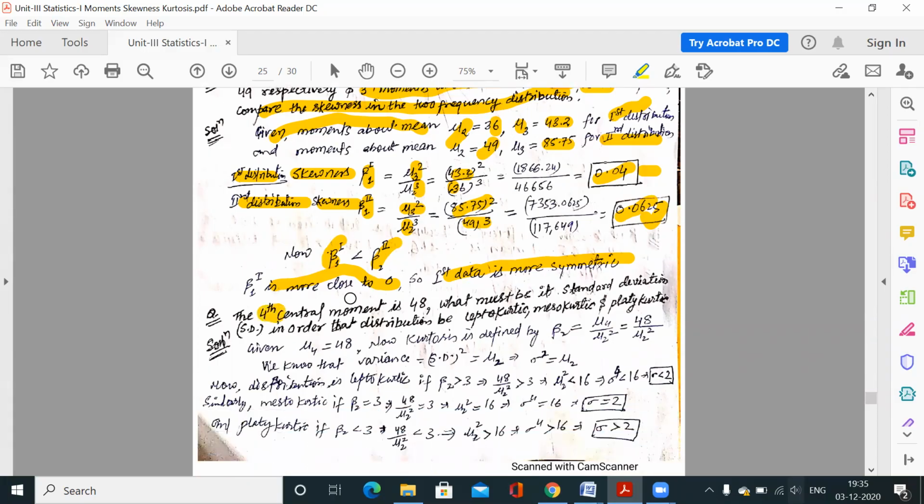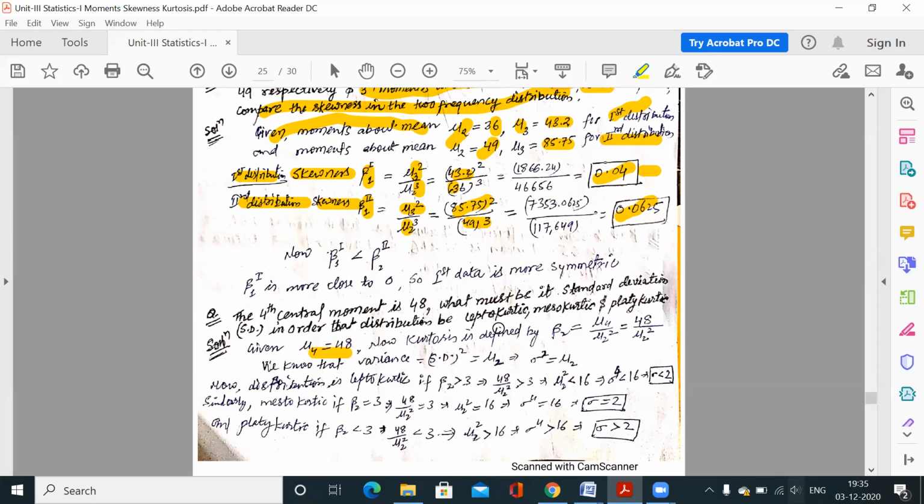Now the fourth central moment, mu4, is 48. What must its standard deviation SD be in order that the distribution be leptokurtic, mesokurtic, or platykurtic? That means for one distribution the fourth central moment, mu4, is 48.